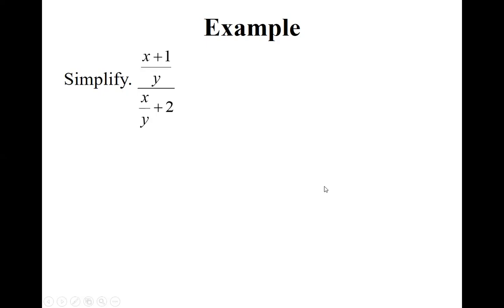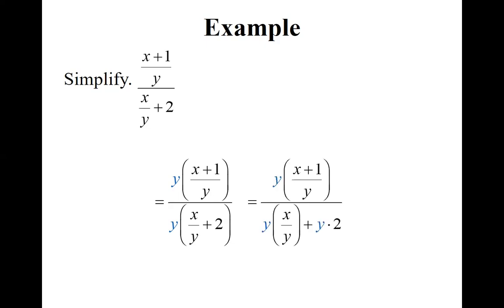x plus 1 over y all over x over y plus 2. The LCD is y. So multiply the numerator and the denominator by y. y over y doesn't change anything. That y on the bottom, just to clarify from the last example, distributes.